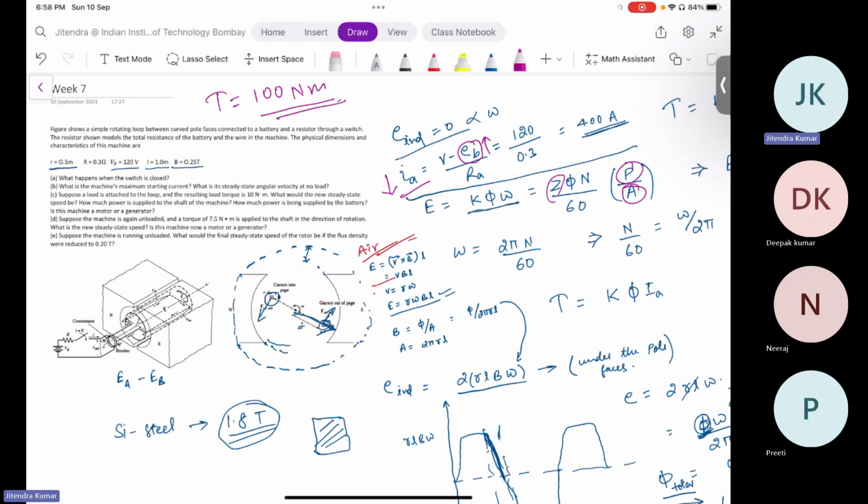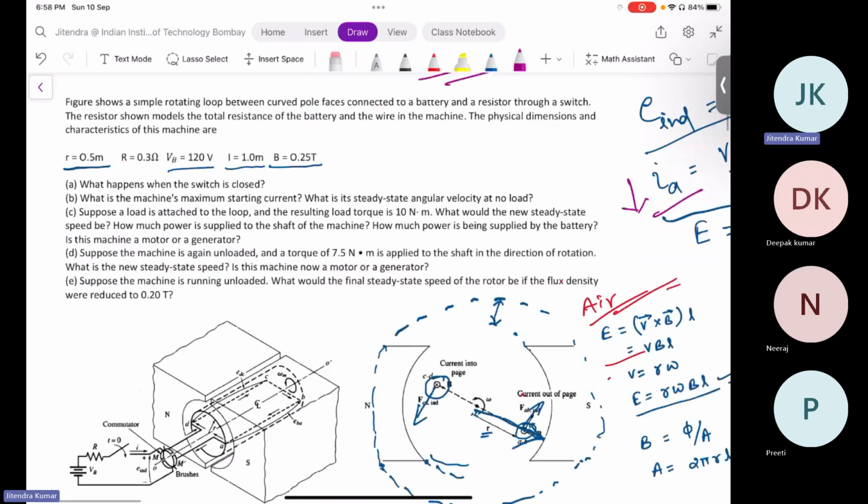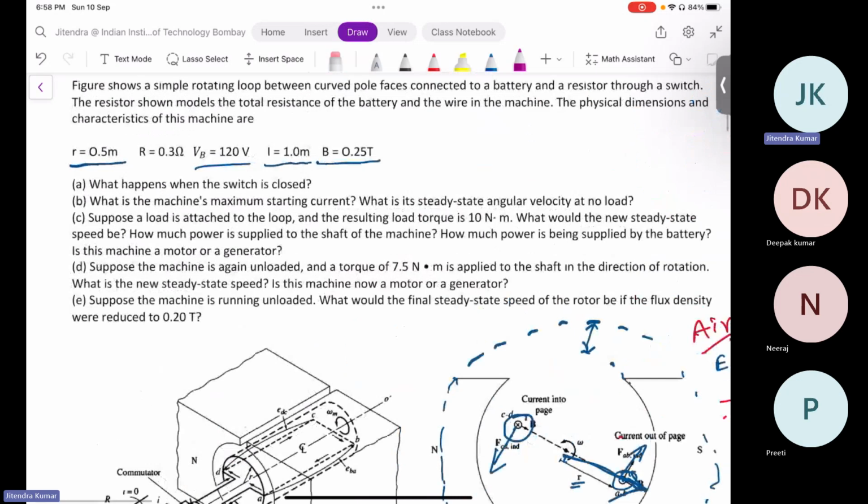In part B, it is asking what is the machine's maximum starting current and what is its steady state angular velocity at no load. So starting current will be 400 amperes, which we just calculated, right? So it is correct, the starting current is 400 ampere.